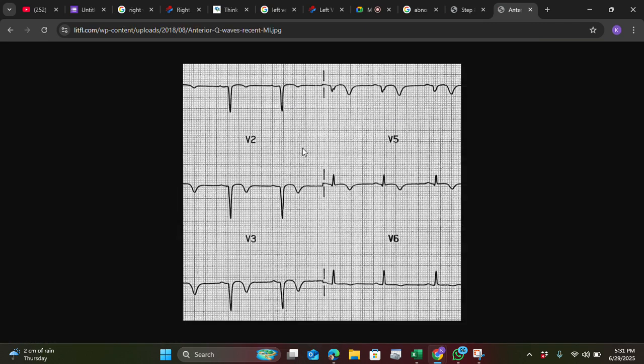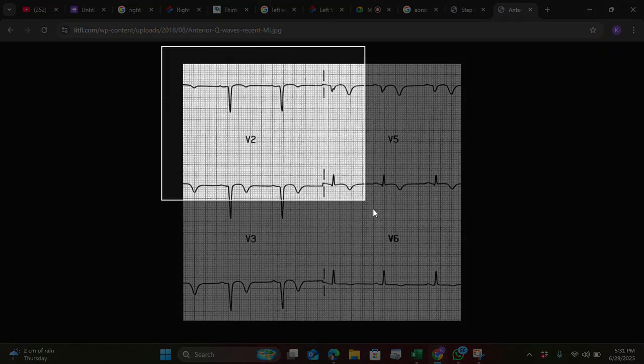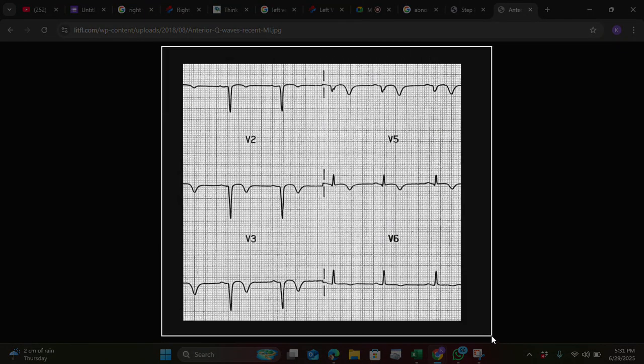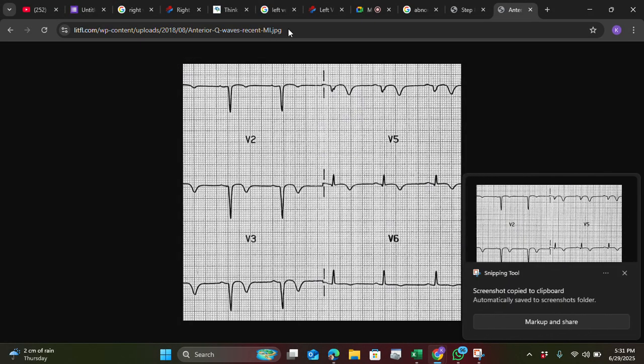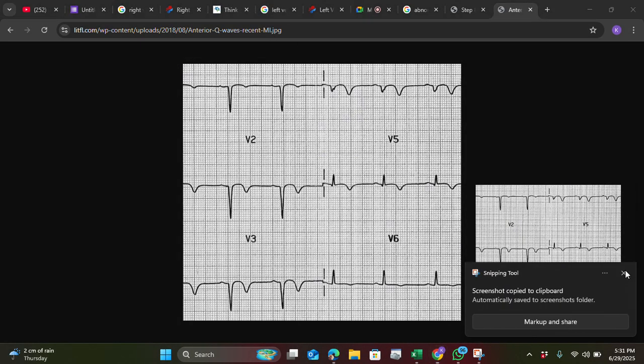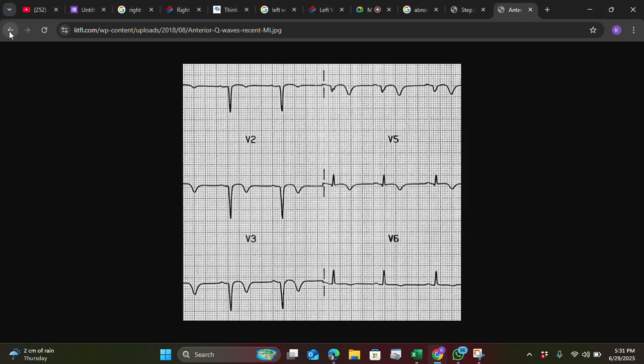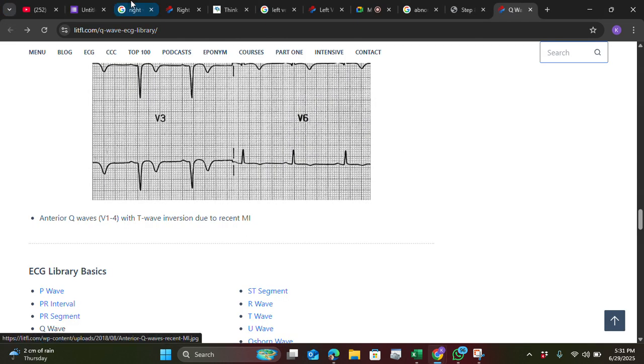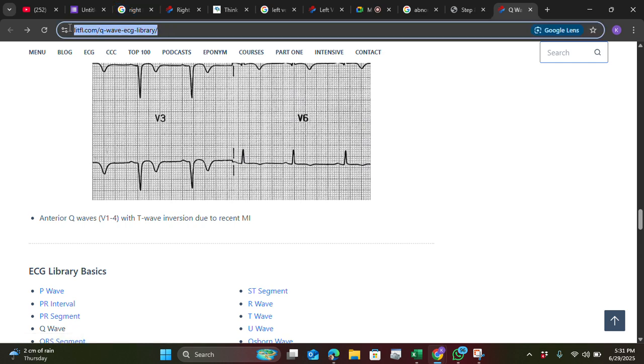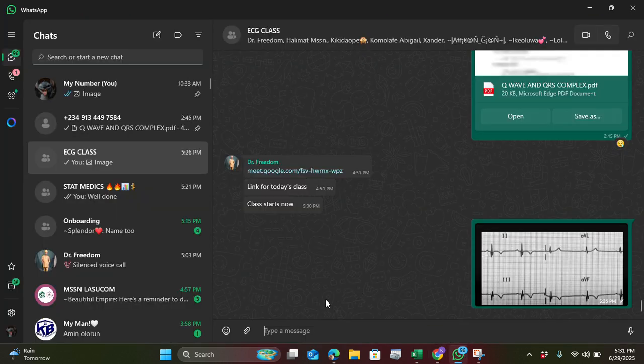let me send this image to the group, or even the site link. Ma, I hope you are screen recording. Yeah, I am. It's already about another 10 minutes now. Where is this image?